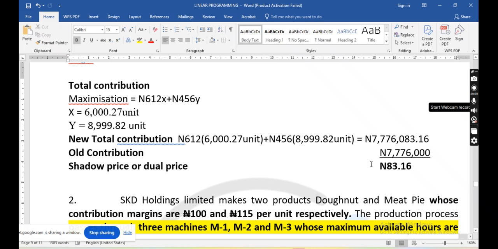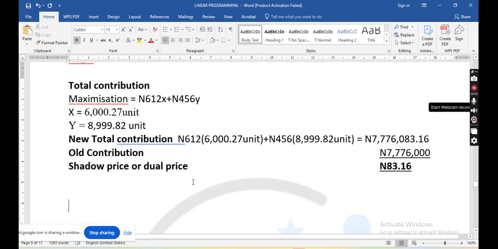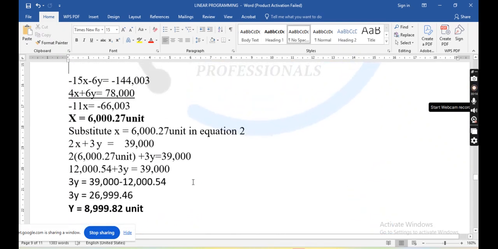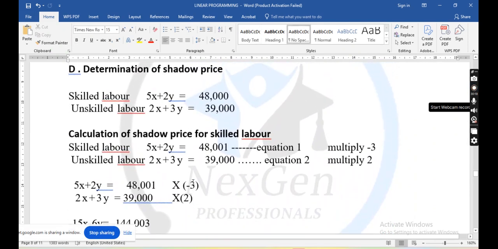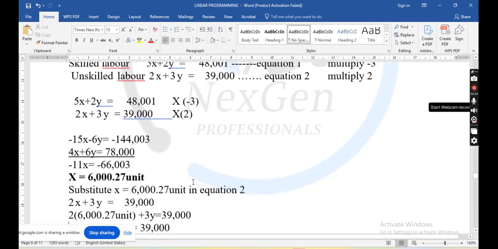Distinguished professional colleagues, this is the dual price when you increase skilled labor by 1. So we need to do that for the second one. I will do the same thing for the unskilled labor.